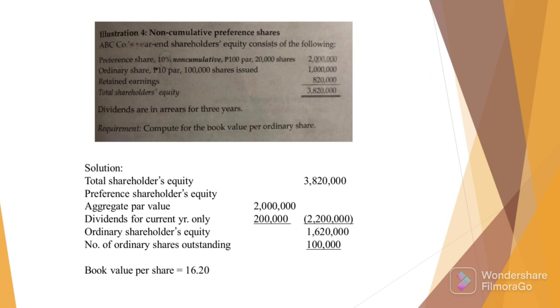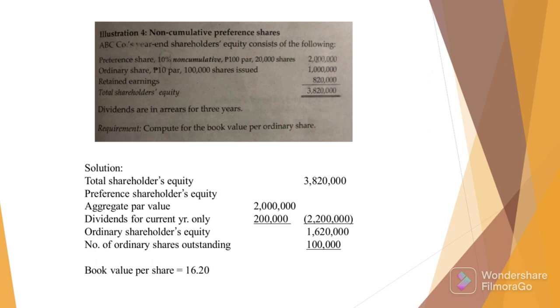Preference shareholders equity, aggregate par value na 2 million, dividends for current year only 200,000 and that would be a total of 2,200,000 na ililess sa 3,820,000 and that is 1,620,000 at ito yung magiging ordinary shareholders equity divided by number of ordinary shares outstanding na 100,000 and the answer is 16.20 na book value per share.